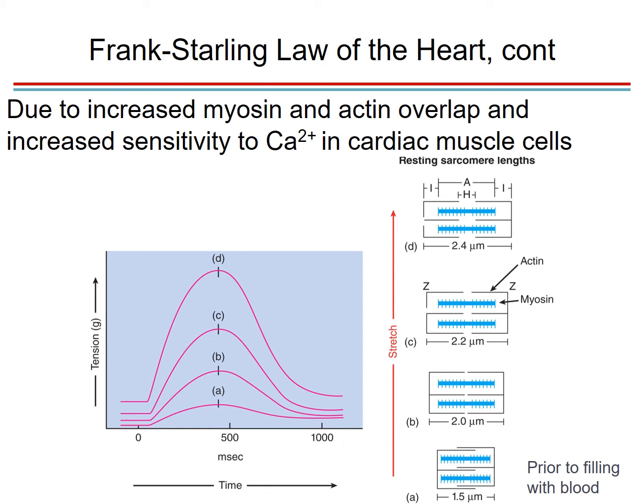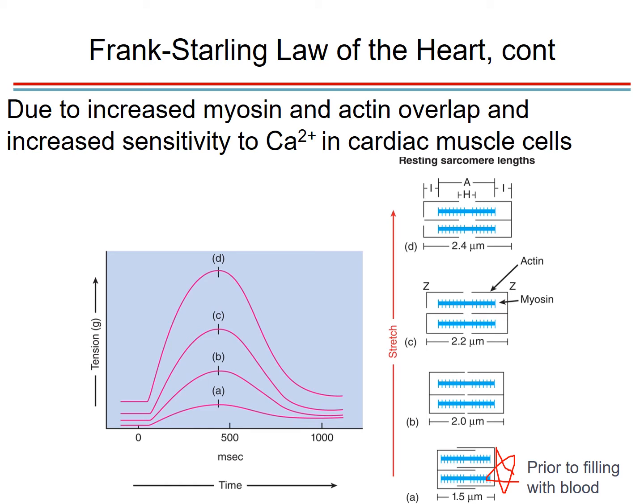So to continue with this concept, the increase in myosin and actin overlap and increased sensitivity to calcium in cardiac muscle cells is what is the cause of the Frank-Starling law. So let's begin here at the bottom, where this is under normal conditions where the ventricles are prior to filling with blood.